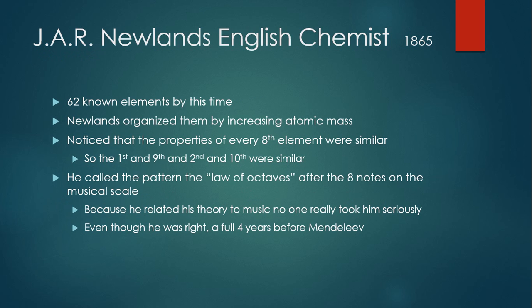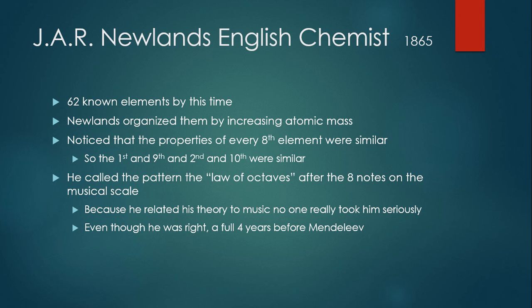A little bit later, 1865, actually quite a bit later, J.A.R. Newlands, an English chemist, came along. So at this time, there were about 62 elements, and he organized them by increasing atomic mass, just like you did in that periodic card game thing, that lab you did earlier.